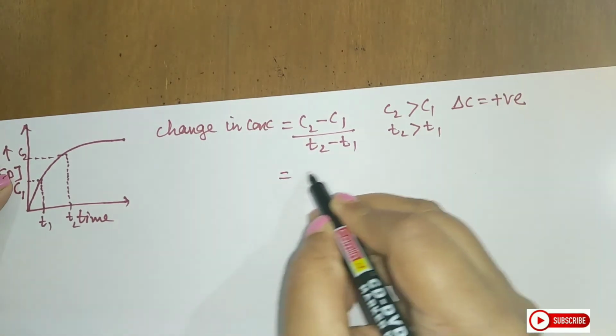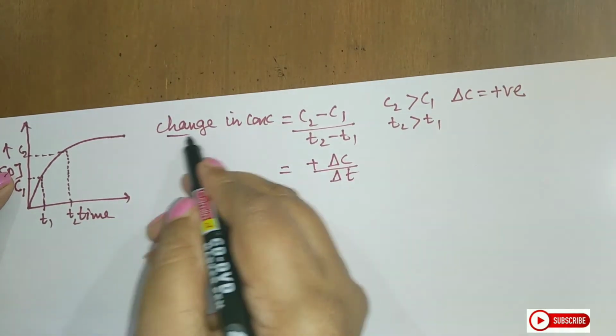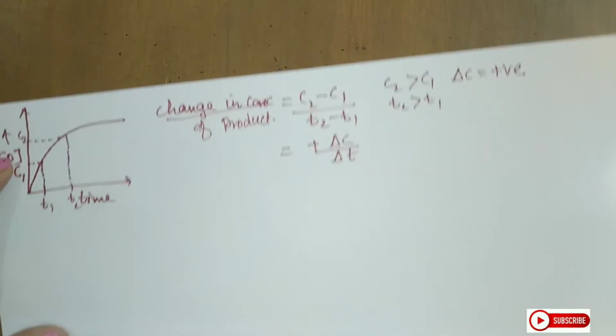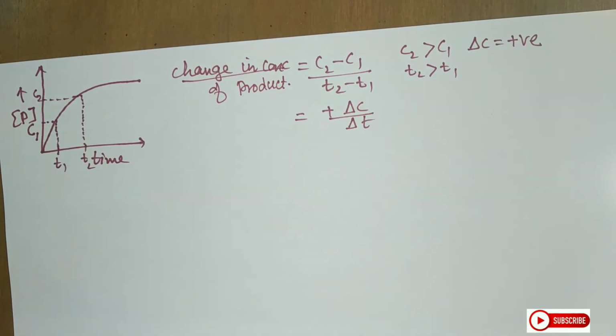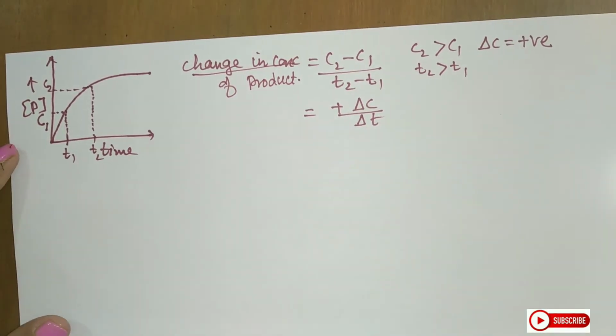So here it will be plus delta C by delta T, the change in concentration of the products. Why we write that as positive, I have explained here. So you can calculate the slope also here through this same concentration. Now, this is all about the average rate.